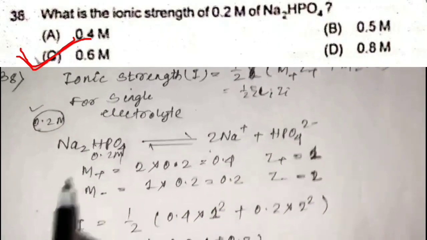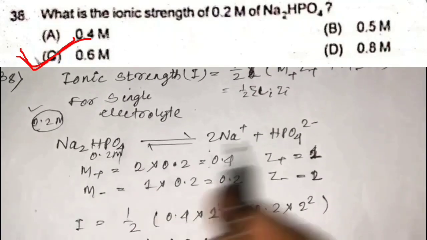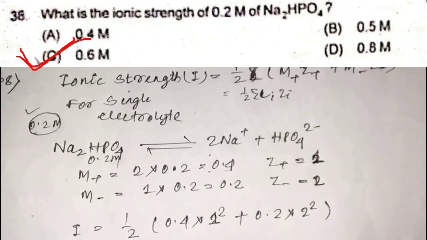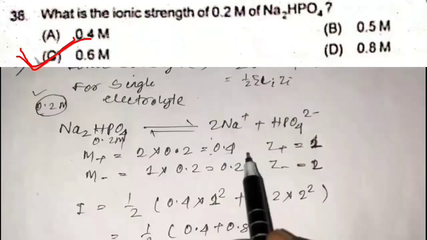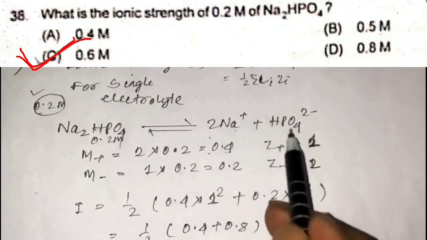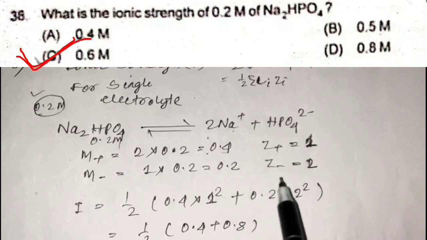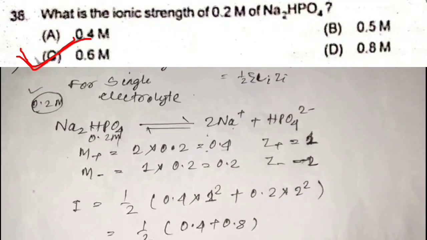So the concentration of Na plus will be 0.4 and HPO4 2 minus will be 0.2 molar. The charge on sodium is plus 1 and the charge on HPO4 is minus 2.